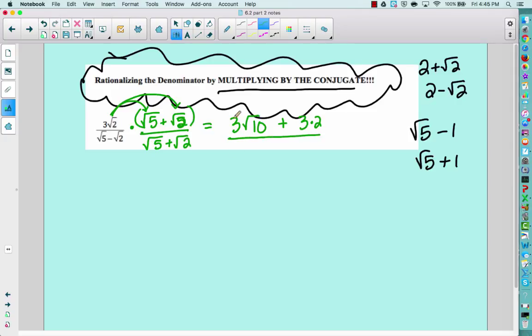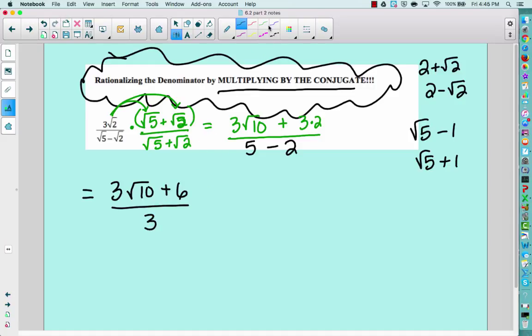All over, when you multiply conjugates, it's the difference of squares, so the middle term cancels. So we do root 5 times root 5, which is 5. We do root 2 times root 2, which is negative 2, so minus 2. I'm going to simplify. I get 3 root 10 plus 6 all over 3.